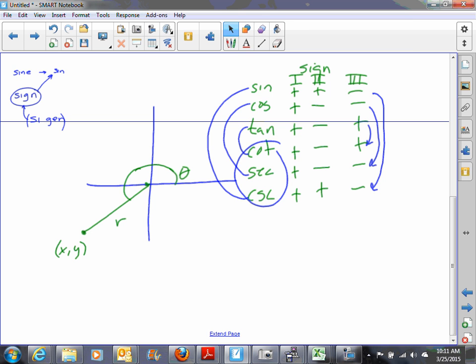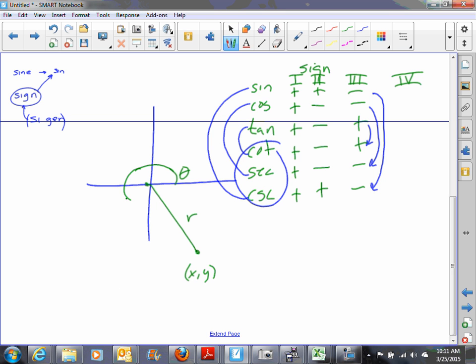And finally, in the fourth quadrant, one more time, rotate this around and put it back here, move r over here, and move x and y over here. There we go. Now, theta goes around to here. All right. Now in the fourth quadrant, x is positive and y is negative.